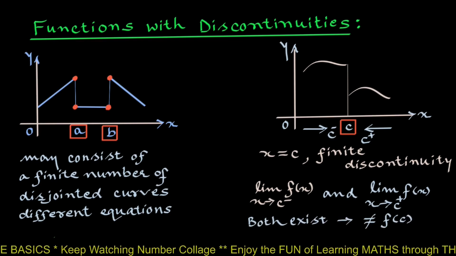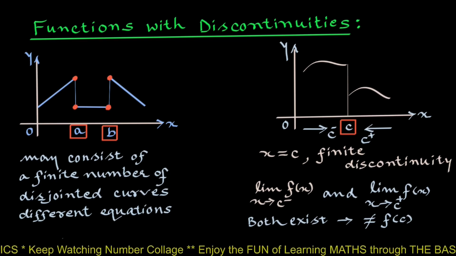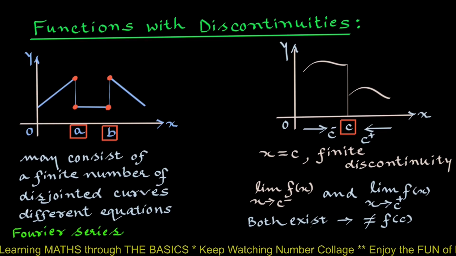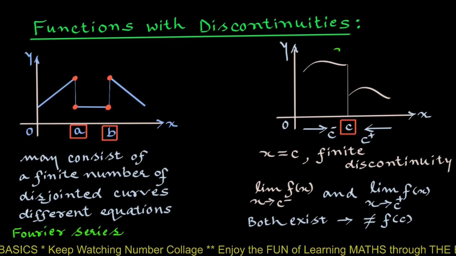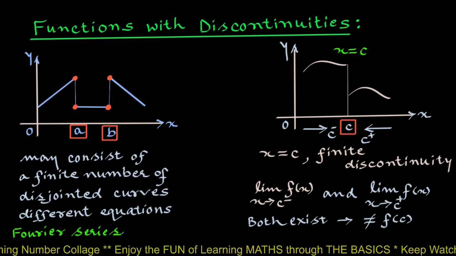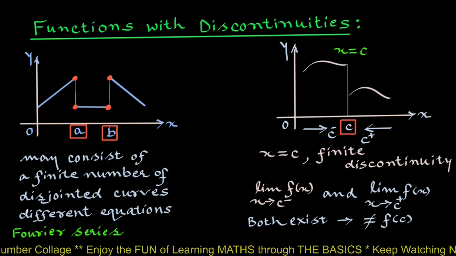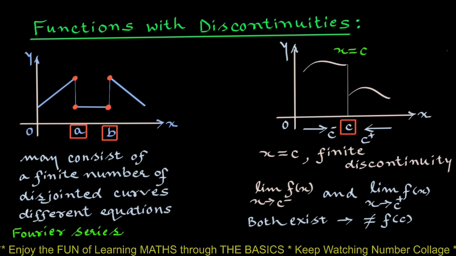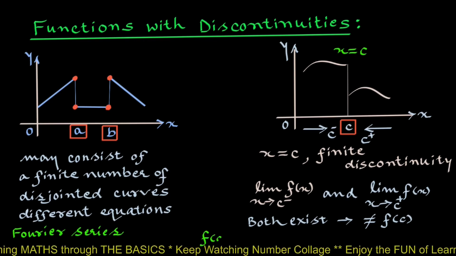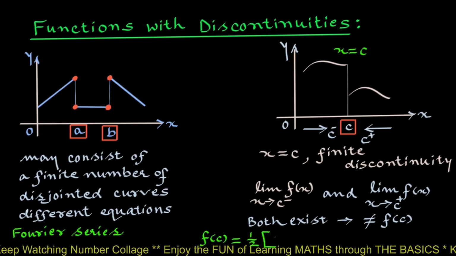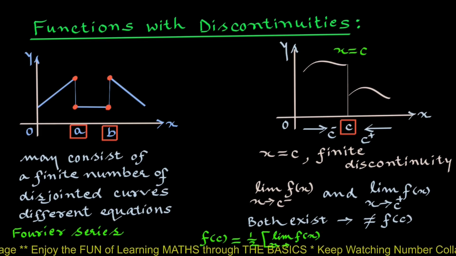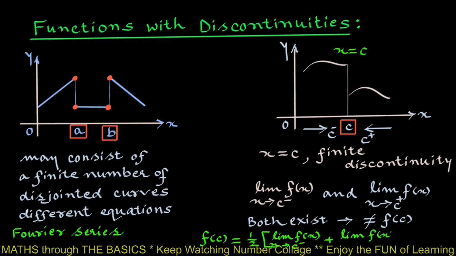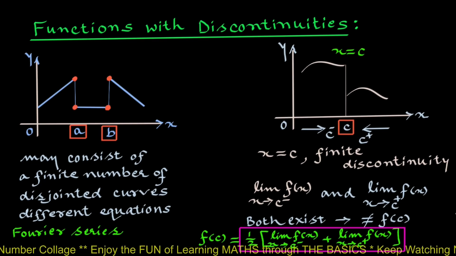The first function with finite discontinuities can be expressed as a Fourier series, but in the second case, at the point x equals c, Fourier series gives the value of f(x) at x equals c as the arithmetic mean of these two limits. f(c) is half of left hand limit f(x) as x tends to c minus plus right hand limit f(x) as x tends to c plus.